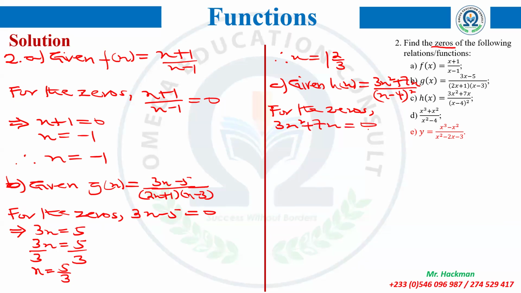So instead of equating the whole of that to 0, then going to cross multiply to end up getting this, remember we are now mature. We know that it is the numerator that we should set to 0 for us to get the zeros. So obviously a quadratic equation at this point. Once you have a quadratic equation, you know what to do.